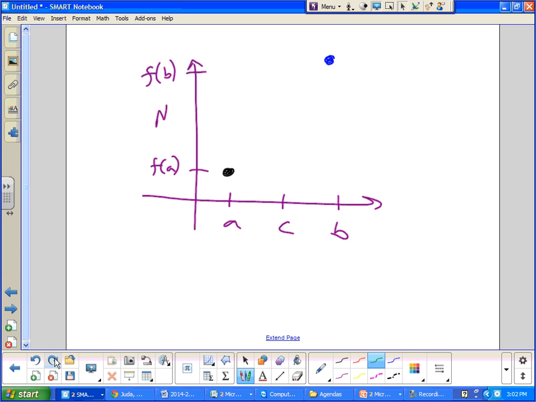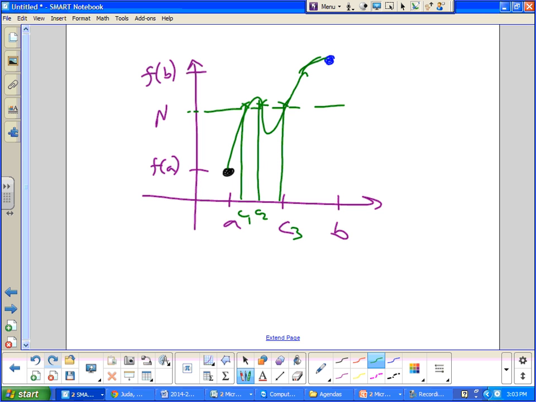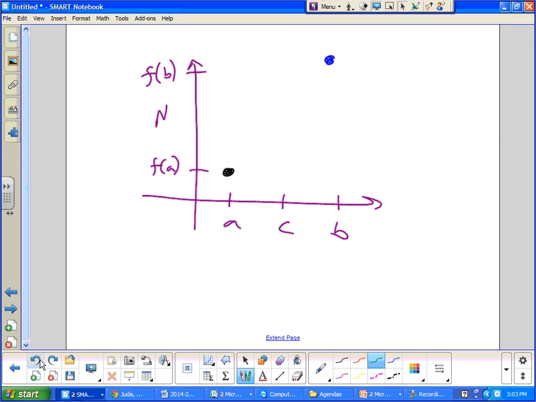Can it hit N 3 times? Sure. I can hit N once, twice, three times. There's C1, C2, C3.